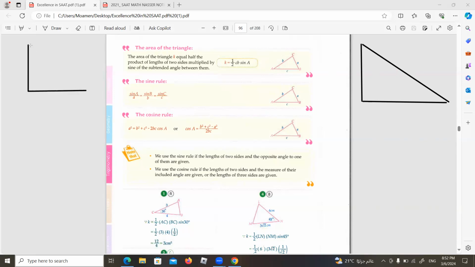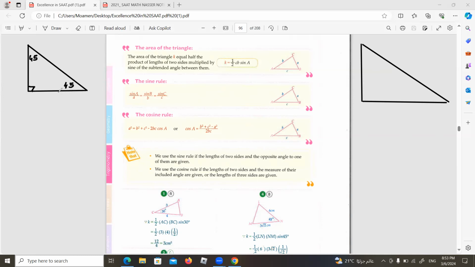I think we work with right-angle triangles. Yes, so two special cases for the right-angle triangle: 45-45 and 30-60. This is 45-45. It means this angle is 45 degrees and this angle is 45.